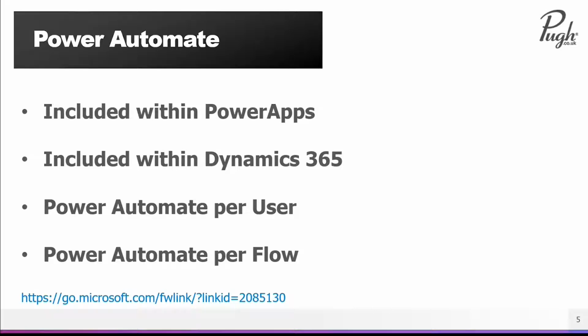However, with Flow, there is a per flow option that allows multiple users to participate in the workflow without their own license. With per flow licensing, there is a minimum requirement of 5 flows that you need to purchase for this functionality.